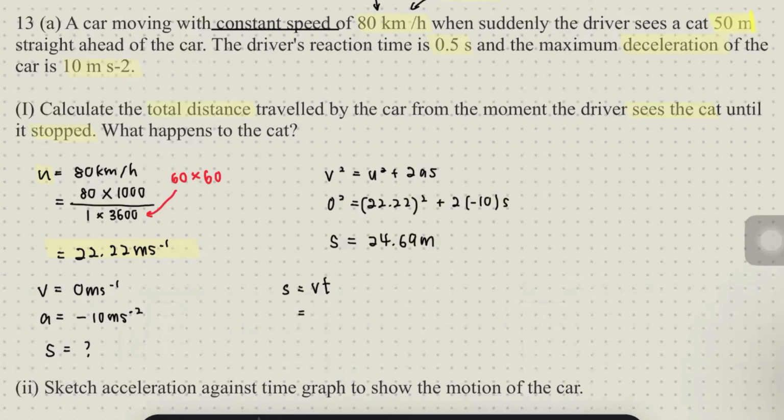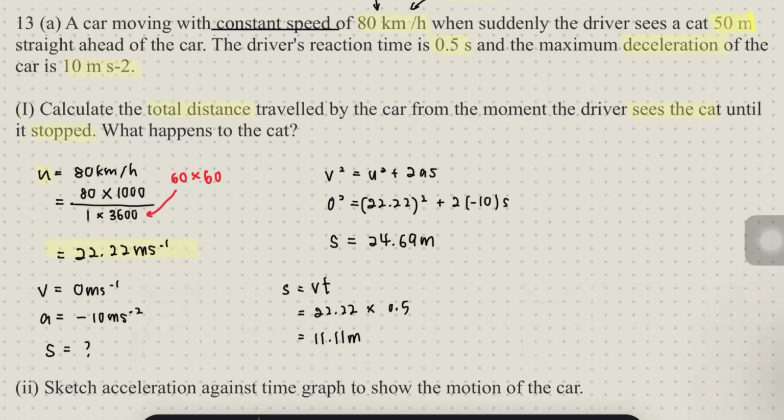So during the first 0.5 seconds, the driver drives at 22.22 meters per second, and it lasts for 0.5 seconds. So by doing this, we can find the total distance traveled by the driver in the first 0.5 seconds.